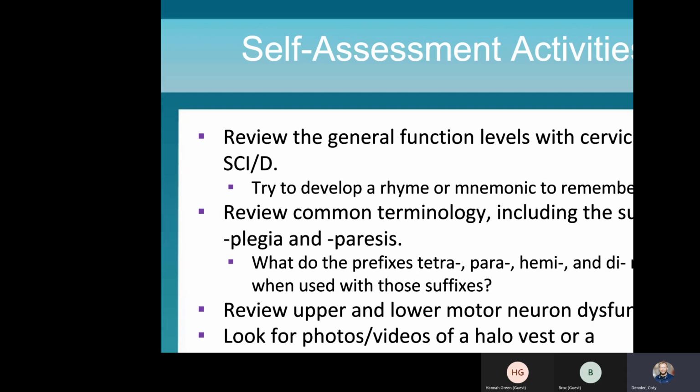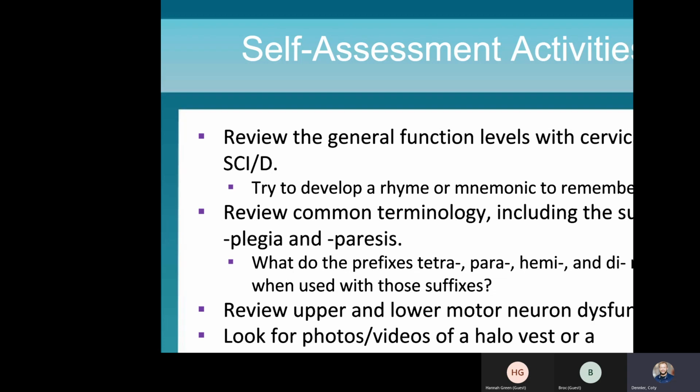If a person has hemiparesis, then they're very weak on one side of their body because hemi means one side. If they have hemiplegia, then they're most likely paralyzed on one side of their body. So there is a difference when you look at a person's diagnosis between paresis and plegia. Okay.